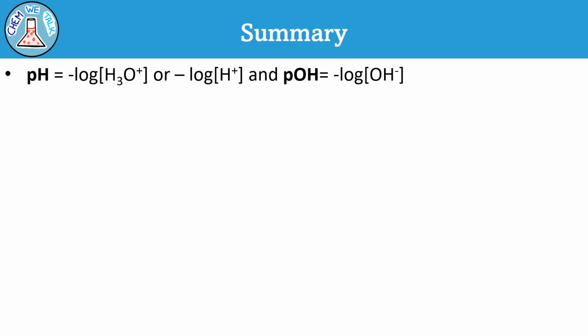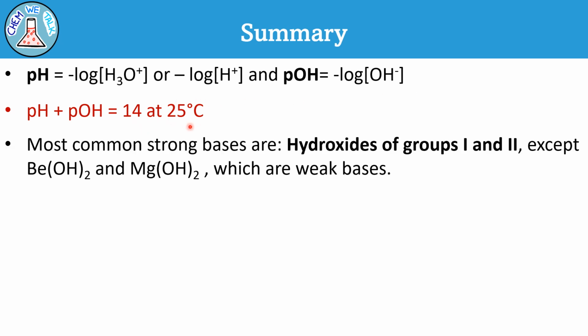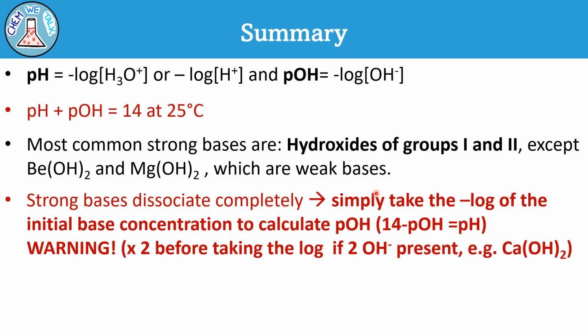All right, so in summary, pH is simply the negative log of H3O plus, and pOH is the negative log of OH minus. pH plus pOH equals 14 only at 25 degrees C. The most common strong bases are the hydroxides of groups 1 and 2, except beryllium hydroxide and magnesium hydroxide, which are weak bases because they do not dissolve very well.